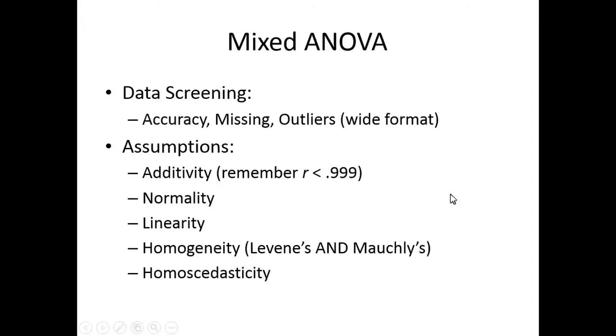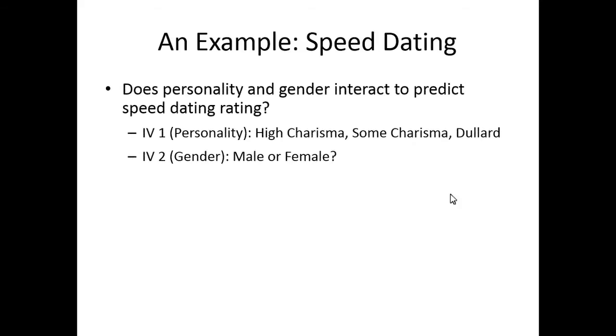I was doing this at the same time I was making sure that MLM lecture was understandable, so I think I got my wires crossed. Yes, wide format. So you don't want to switch to long format until you get to screening for Mauchly's and Levene's. At that point, you'll have to switch. Thank you. Good catch.